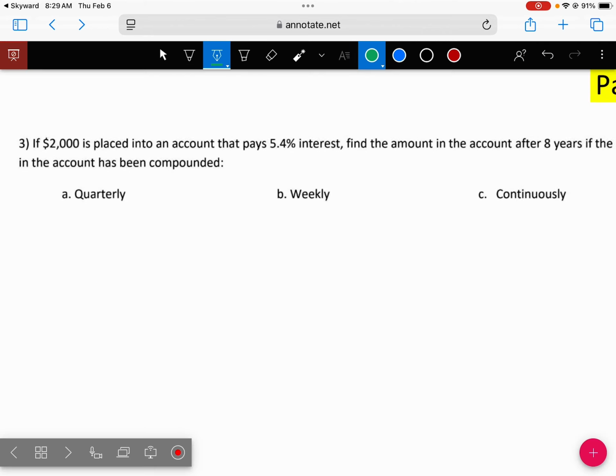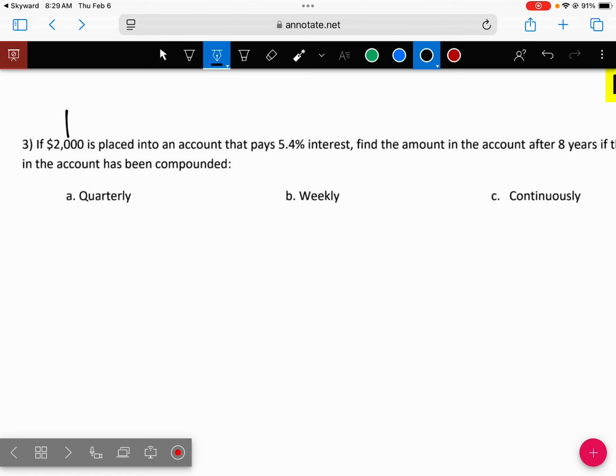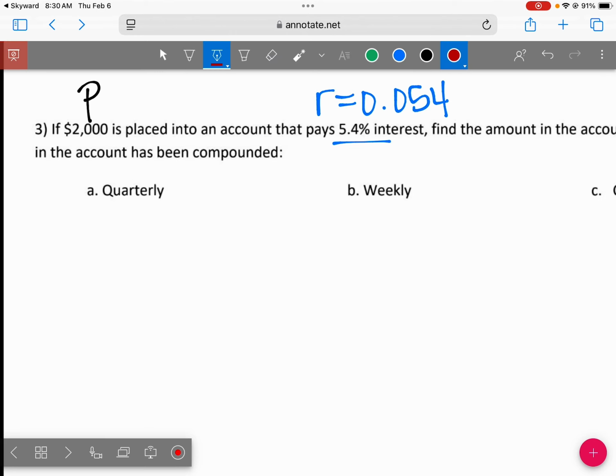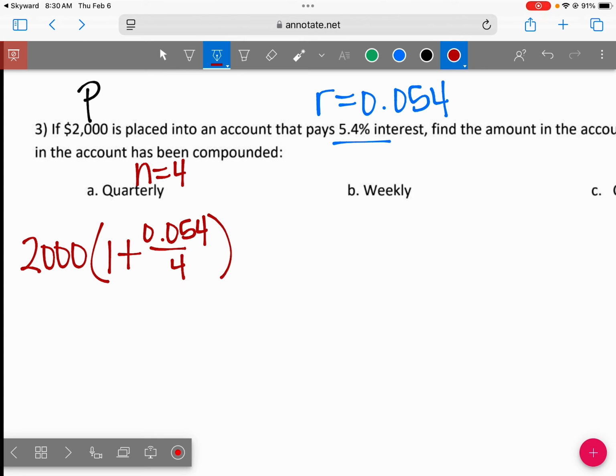Says that you got $2,000, so that would be our starting amount. That pays 5.4%. So divide that by 100. And now we have T equals 8. So quarterly, that means N equals 4. So pick up your calculators. 2,000, 1 plus 0.054 over N to the power of 4 times 8.